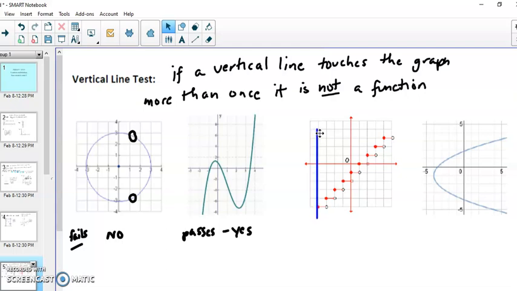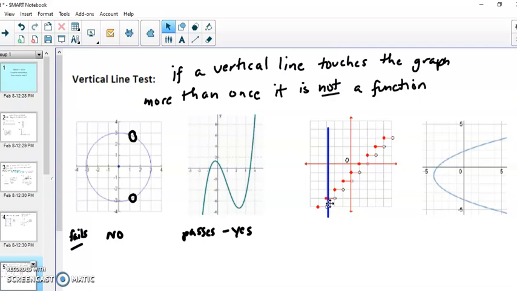If we look at the next one, this next function, well, I shouldn't say function, we don't know so yet. This next graph you've probably never seen before. We can see it really well with color. Even when it looks like it touches more than once, it really doesn't.